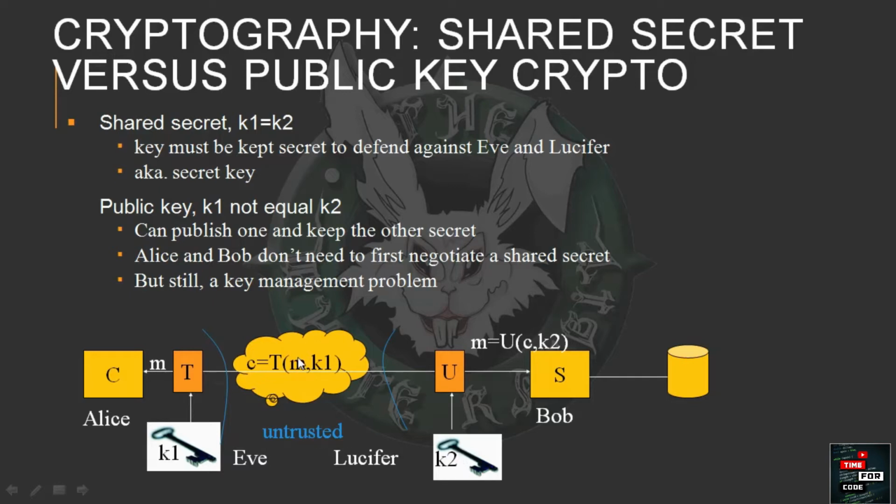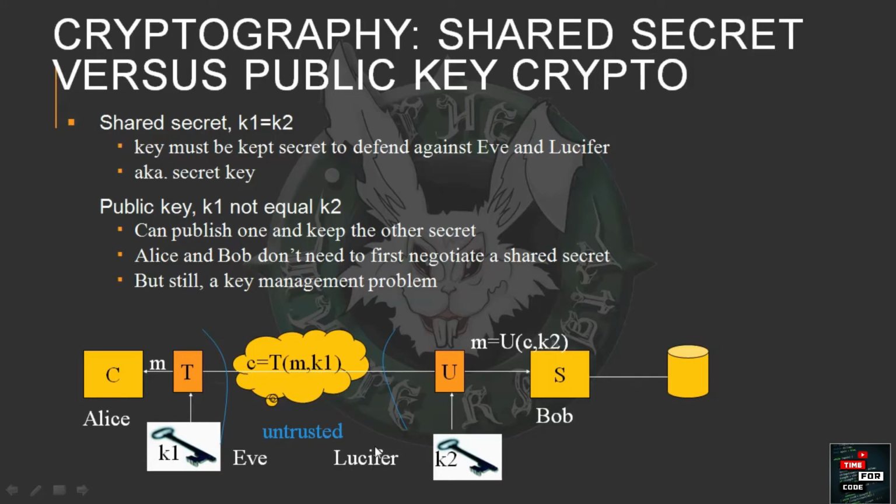This produces the ciphertext C, which then goes to Bob, and that passes through the function U that is decrypting and resulting in M being received by Bob, the message M.